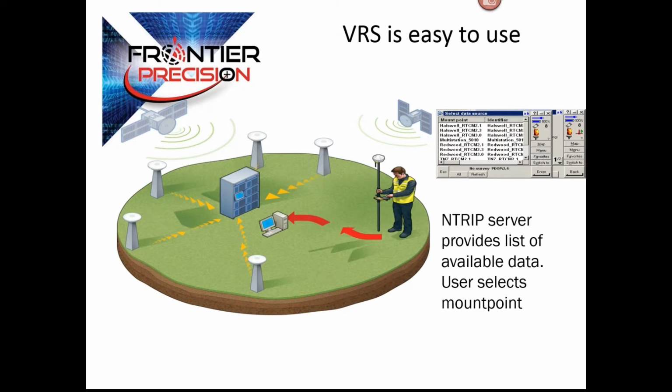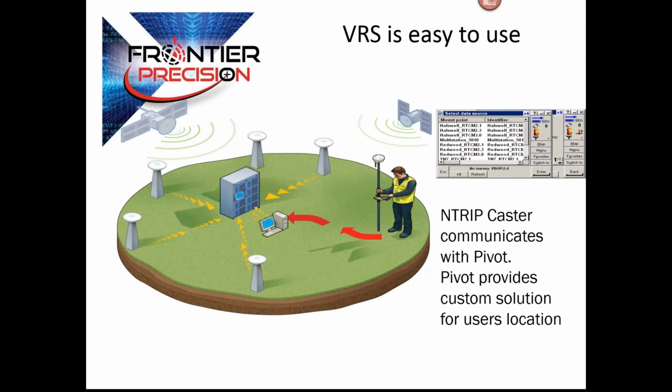We call these mount points, and we'll get into this in a minute here. And the user will select the correct or appropriate mount point and flavor that he needs for his specific receiver, which is manufacturer independent. This Trimble VRS system works with all manufacturers.